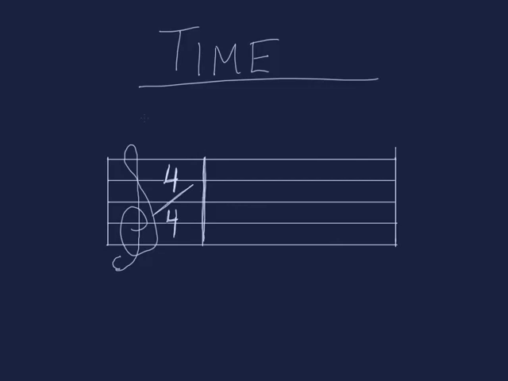So when you see a time signature, 4/4 time is how you'll generally hear this. My piano teacher actually always told me that when you see 4/4, it should be read as 4 beats to the measure, and a quarter note gets 1 beat.